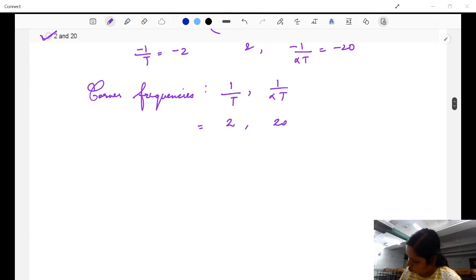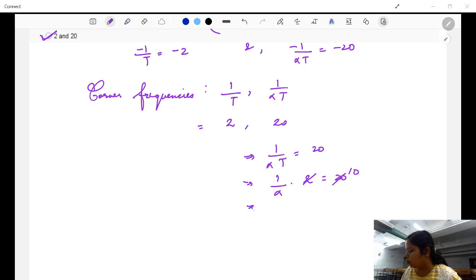Yeah, from here you can find out 1 upon alpha. So 1 upon alpha T is equal to 20. So 1 upon alpha into 1 upon T, 1 upon T is 2, is 20. That gives you 1 upon alpha to be 10.